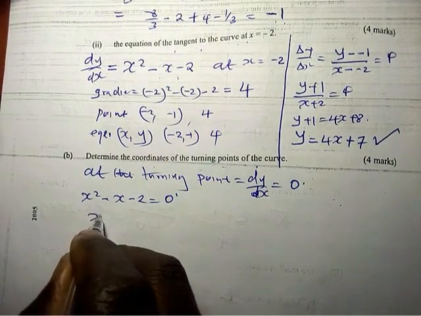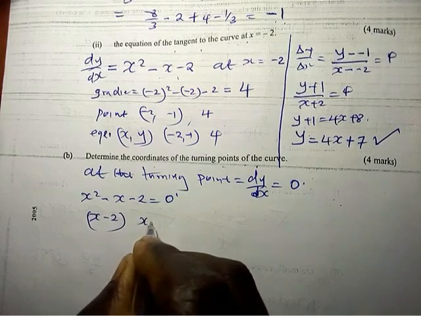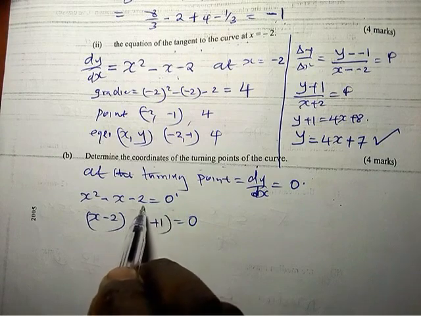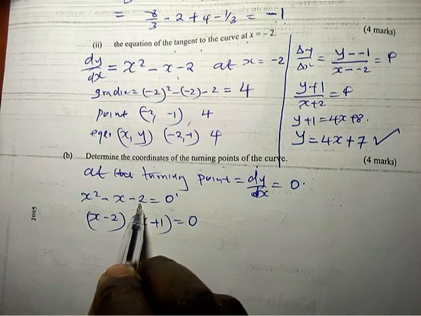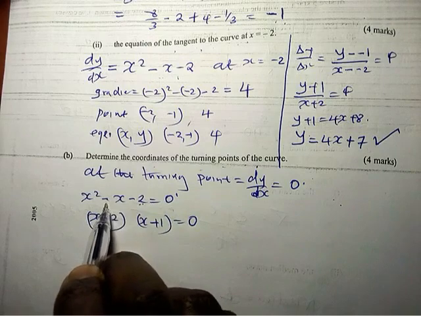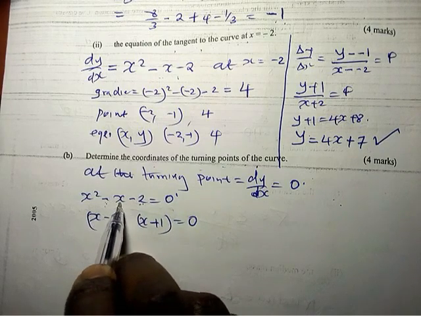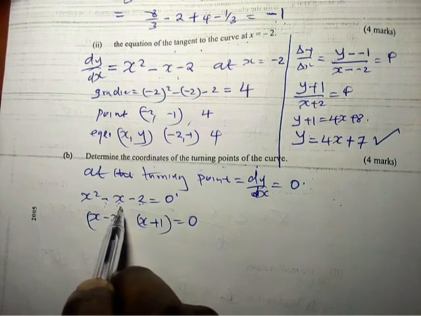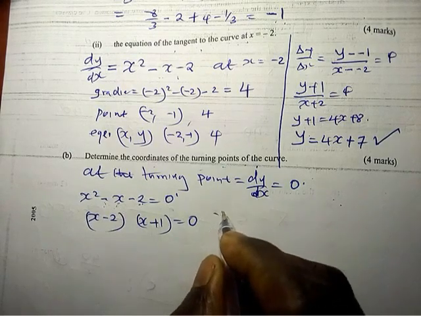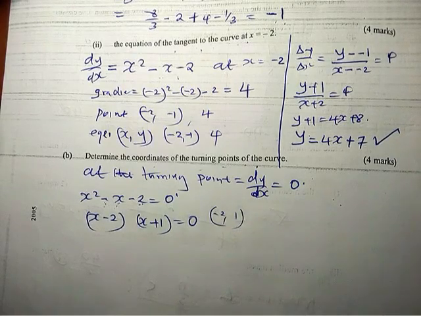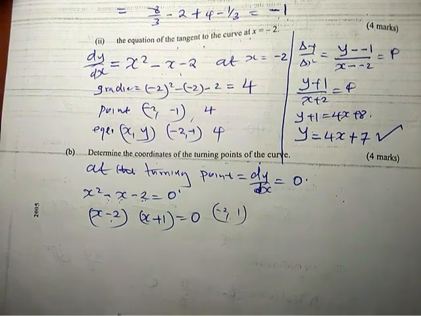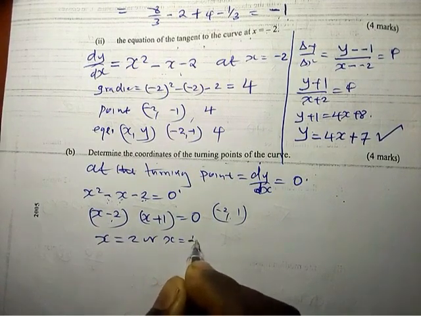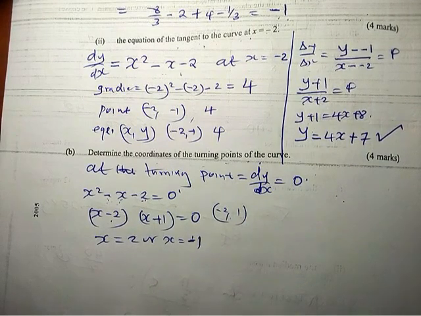So this one is x minus 2, x plus 1, equal to 0. You look for two numbers which when multiplied give negative 2, and when added give negative 1. The numbers are 1 and negative 2. So it means x is equal to 2 or x is equal to negative 1.